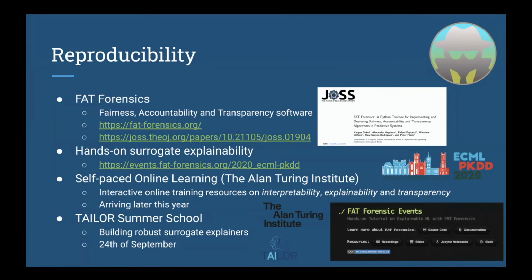We will publish self-paced online learning materials on machine learning explainability in the coming months. And also, yeah, this is the summer school. So if you're here, great, you have just learned some more about explainability with surrogates.